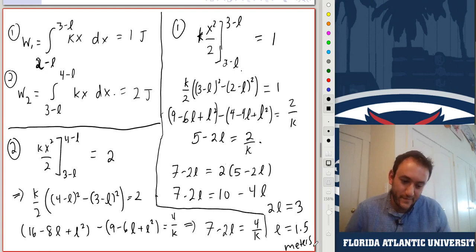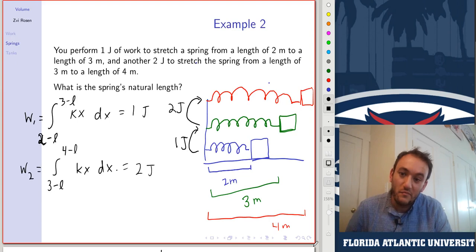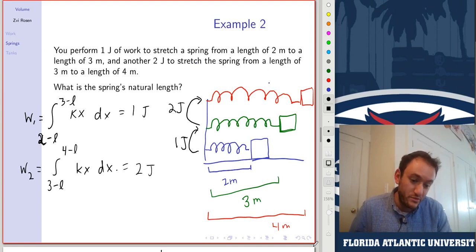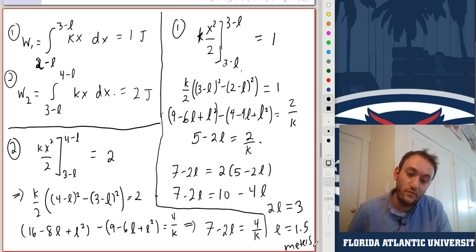Okay, that was a bit of a journey, but we just used the two work computations to solve for what this natural length is.